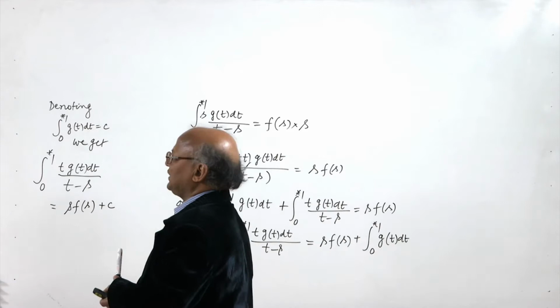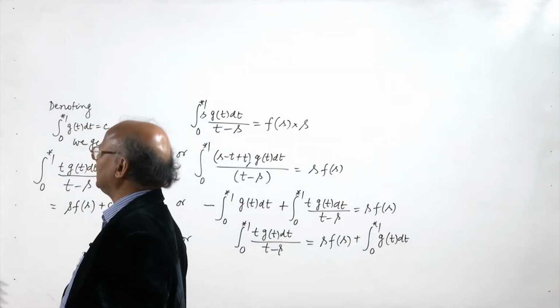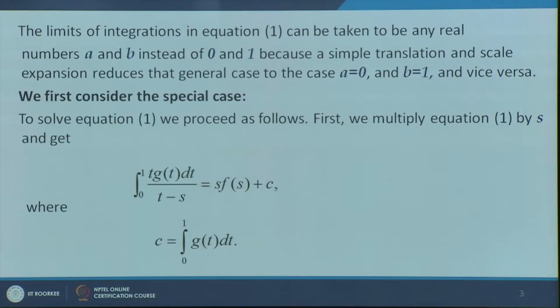Now for convenience we are not writing the star here, but it is always assumed that we are considering the principal value of the Cauchy integral. So for convenience we can simply write integral 0 to 1 without a star, but it will always mean that we are considering the Cauchy principal value.